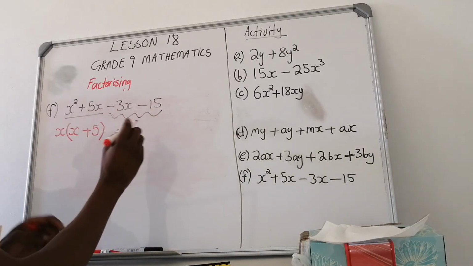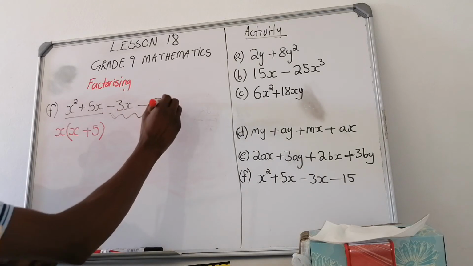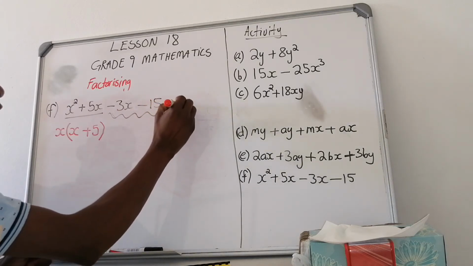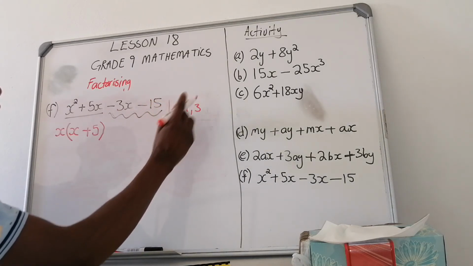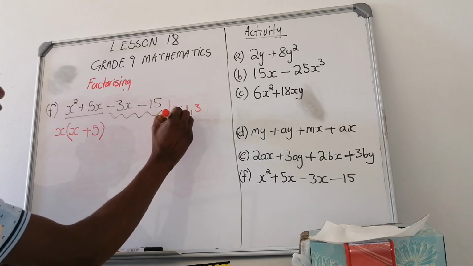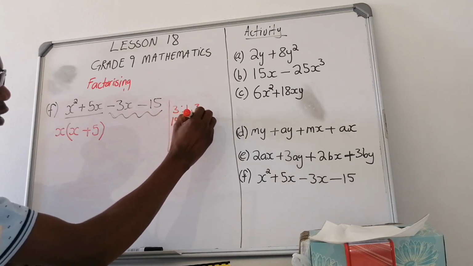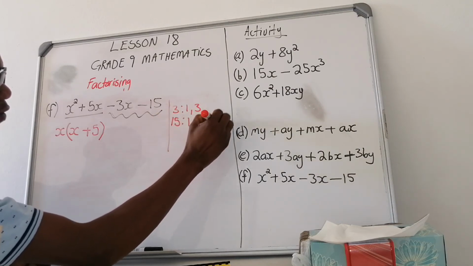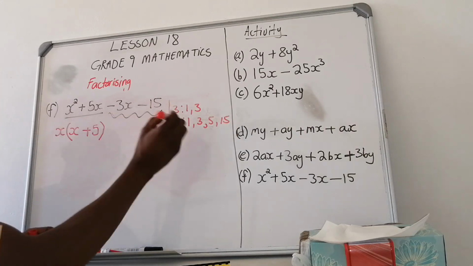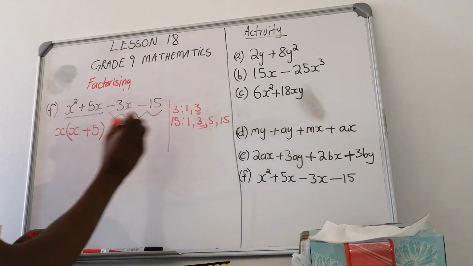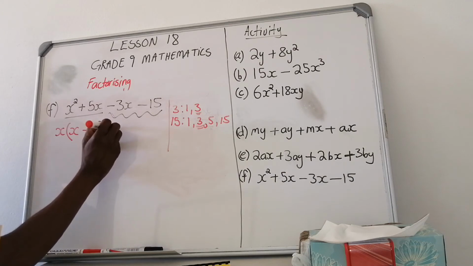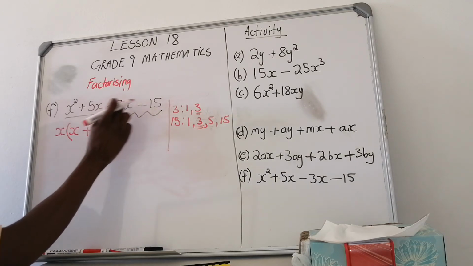All right? So, 3 and 15, all the factors of 3. 3 has only two factors, 1 and itself. 15 has the following factors: 1, 3, 5, and 15. So 3 is the highest common factor, but it has to be negative because they are all negative.